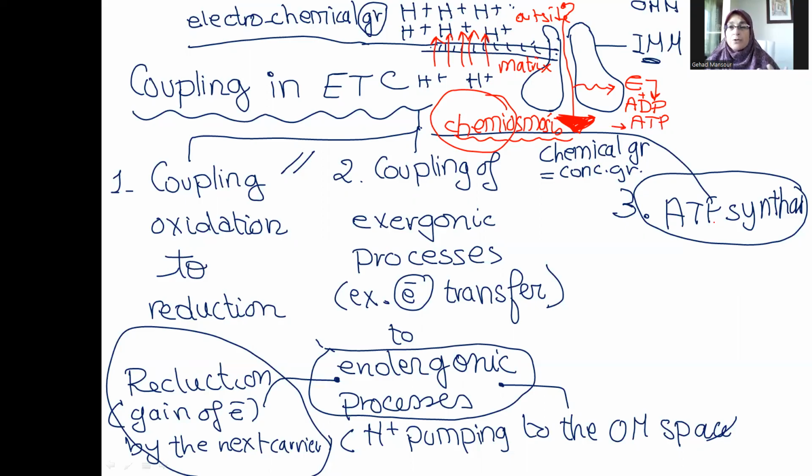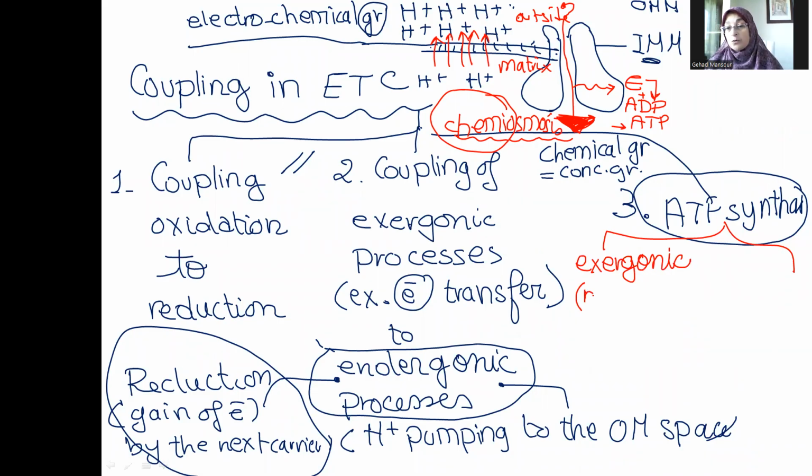So what kind of coupling do we have in the function of ATP synthase? We actually have two types of coupling. Again, we couple an endergonic process with an exergonic process, or actually, we have to start by the exergonic. What was the exergonic process in this step of the ATP synthase?